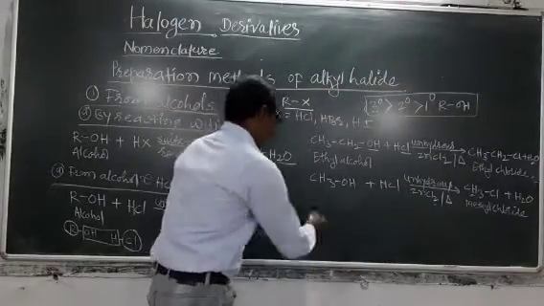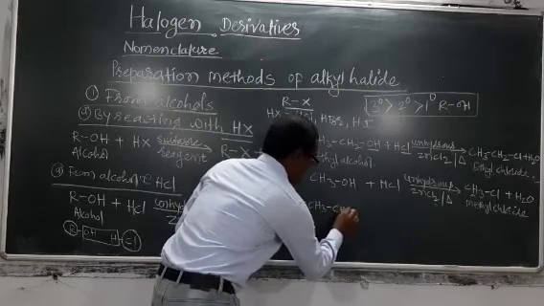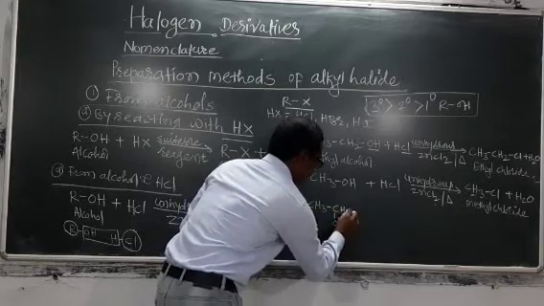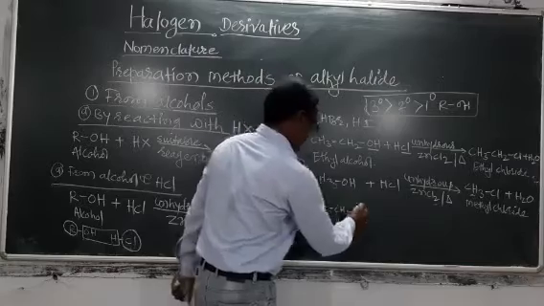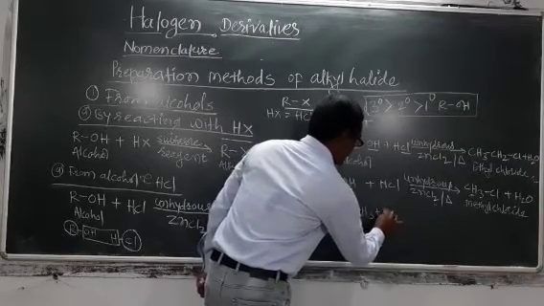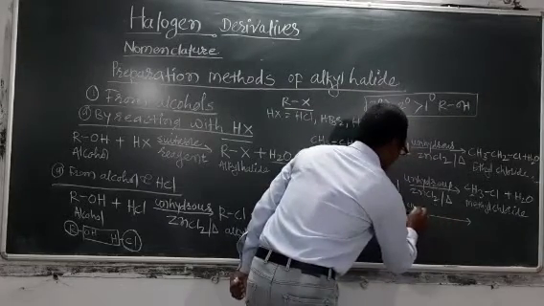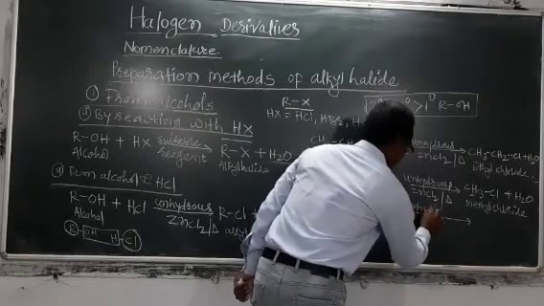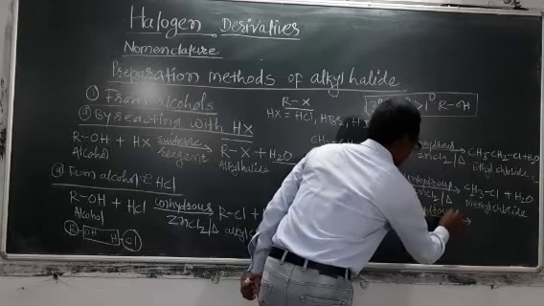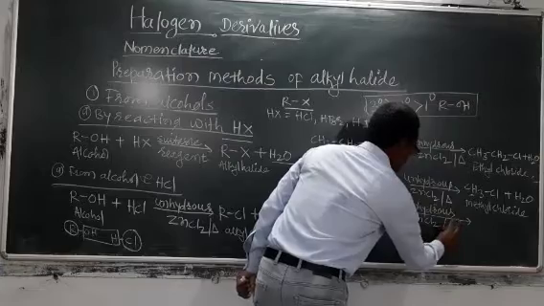Another example: CH3CH(OH)CH3 plus HCl, with anhydrous ZnCl2.